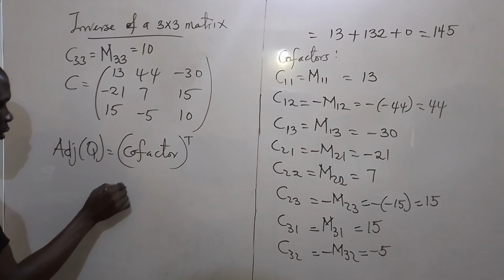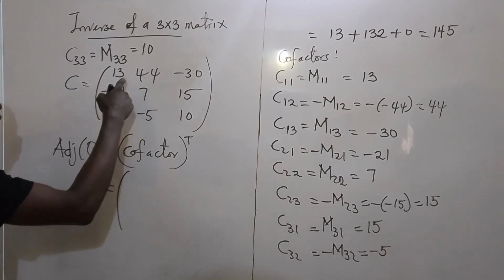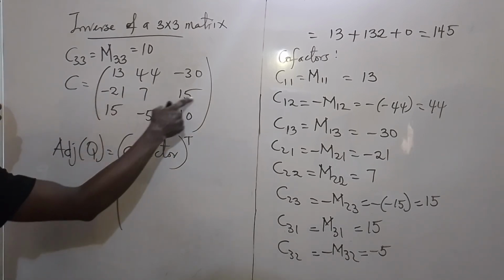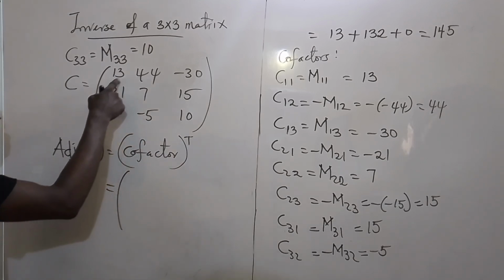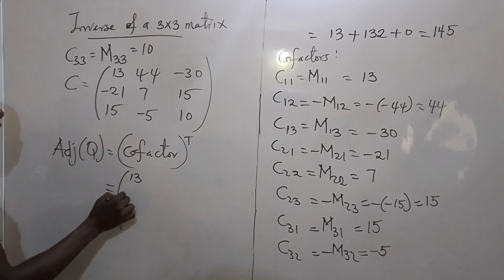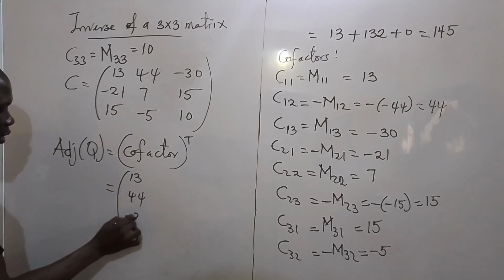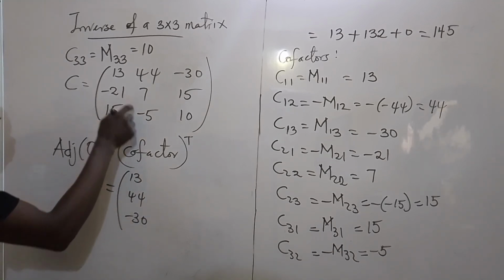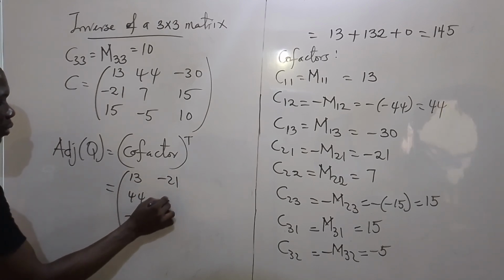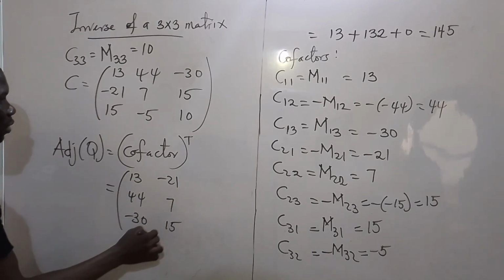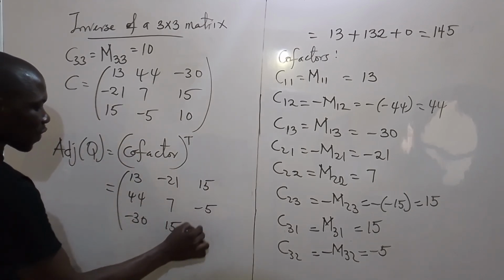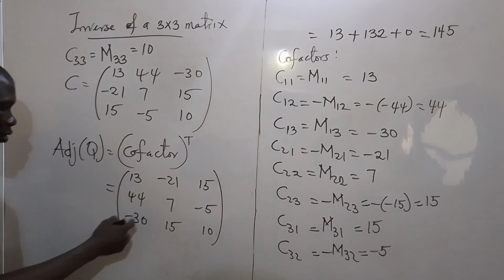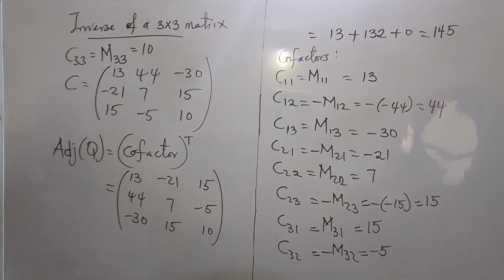So here, transpose this. First row becomes first column, second row becomes second column, third row becomes third column. So first row here, we have 13, 44, minus 30. Second row, minus 21, 7, and 15. Third row, we have 15, minus 5, and 10. So this gives us the adjoint of matrix Q.